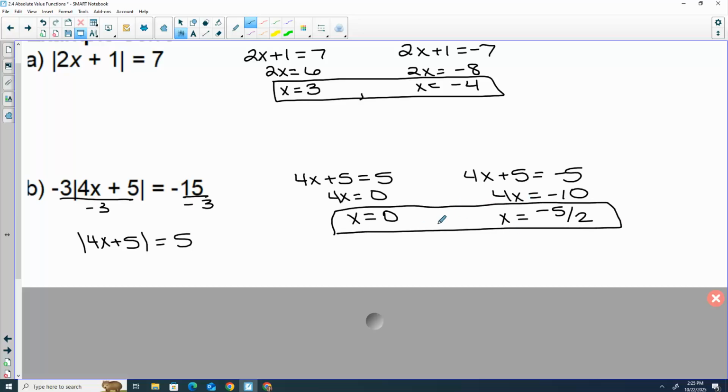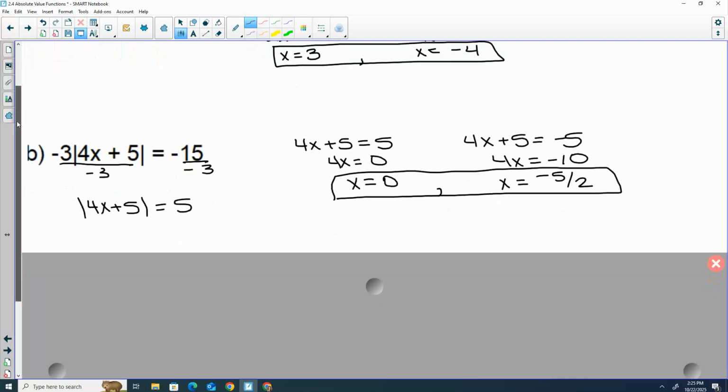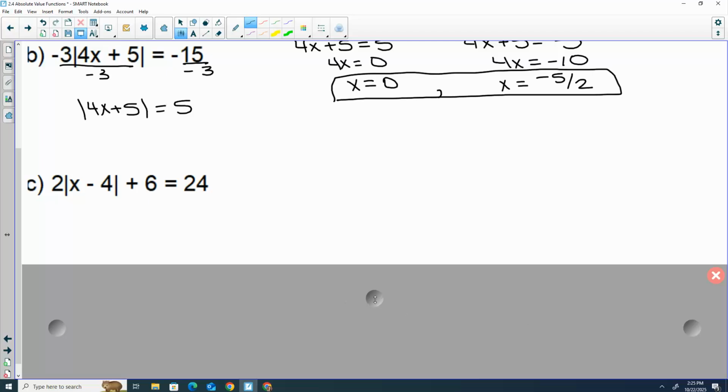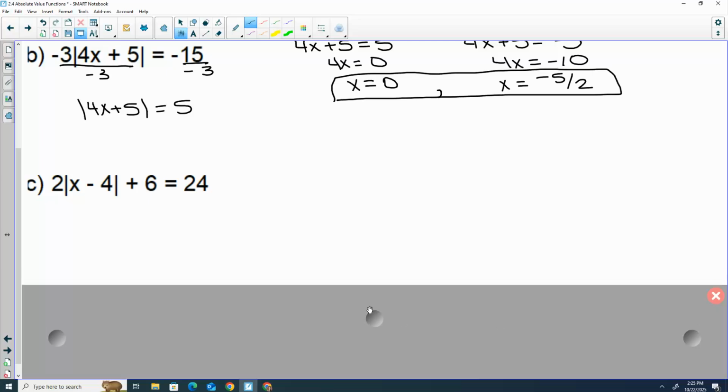And they're both going to work. If I put in 0, -3 times 5 is -15. If I put in -5/2, then I get the absolute value of -5, which is 5, times -3 is -15. I want you guys to do this one. So first, get your absolute value by itself.